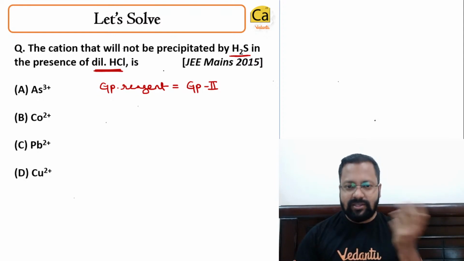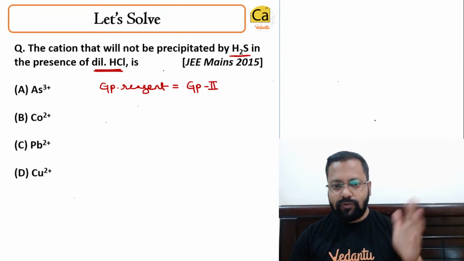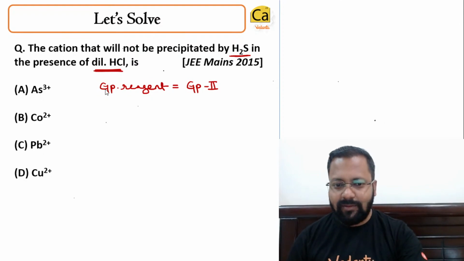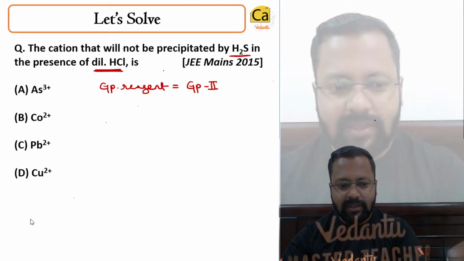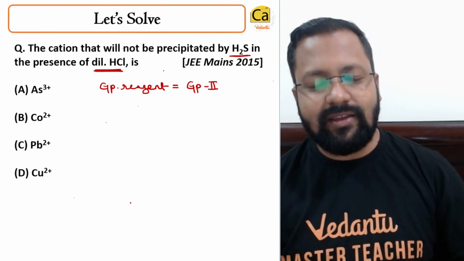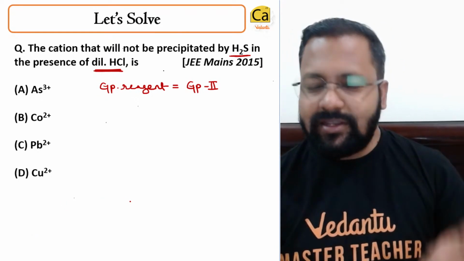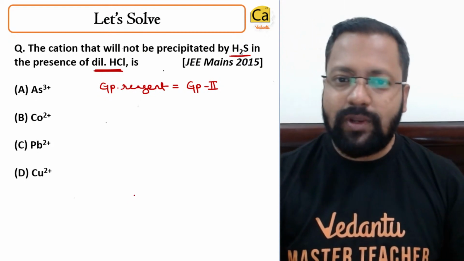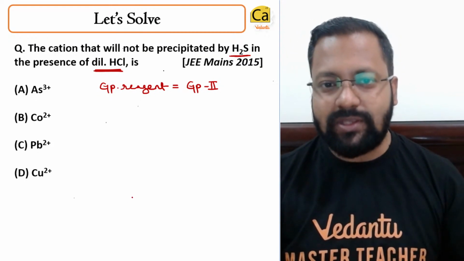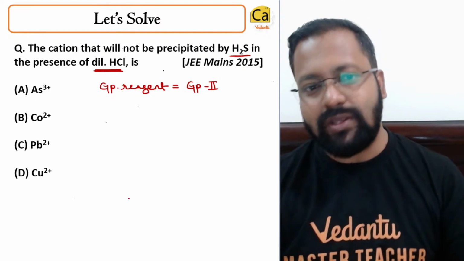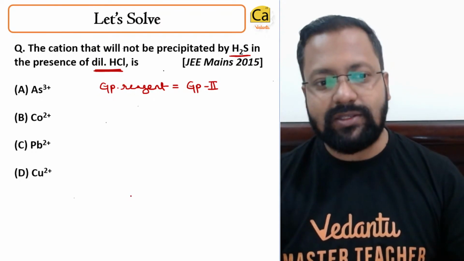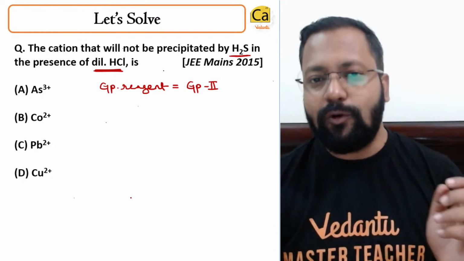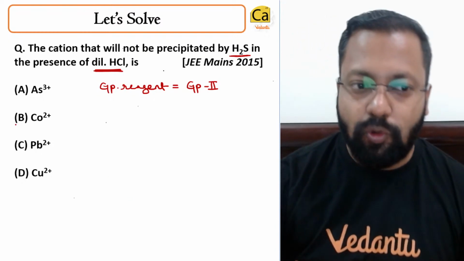We just saw in a few questions back that arsenic 3 plus and arsenic 5 plus are both present in group 2. Lead 2 plus is present, cadmium is present, bismuth is present, tin is present, mercuric is present, copper is present. The only thing that is not present is cobalt.